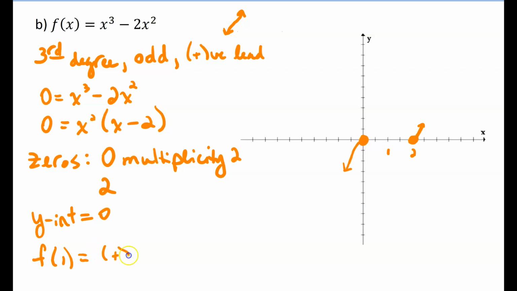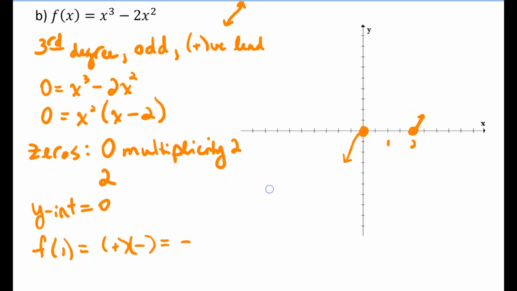So 1 squared is positive, 1 minus 2 is negative, and we get a negative. If you are actually going to solve, that's fine too, but make sure you don't try to do sign analysis in the standard form equation. So yes, this one is not too bad because it's just 1 minus 2 is negative 1.